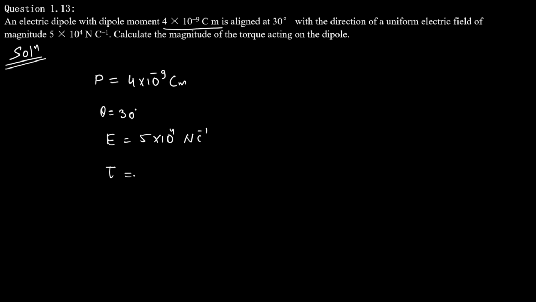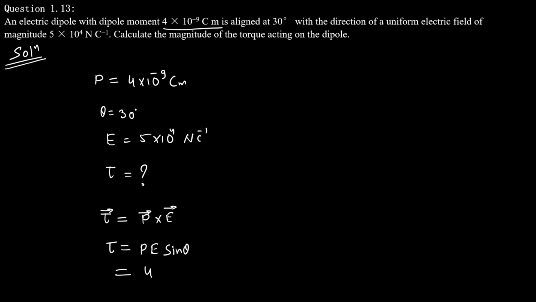So first of all, tell me what is the formula of torque. Torque equals P cross E. Over here, no direction is mentioned to us, so we will calculate only the magnitude part. PE sine theta.